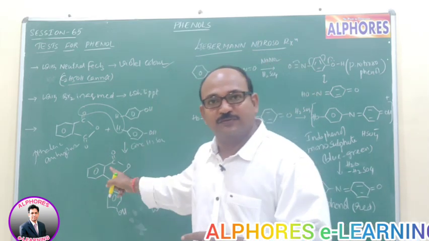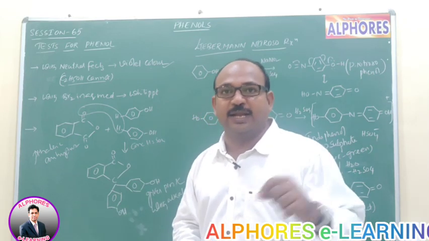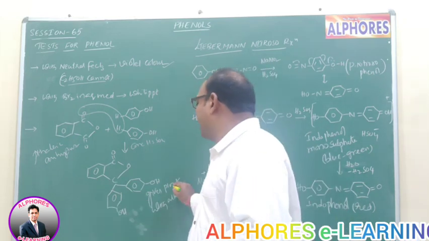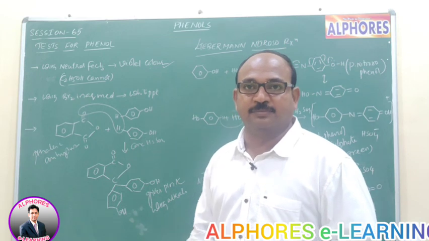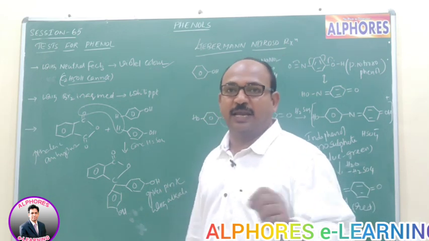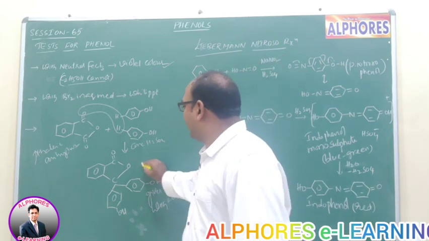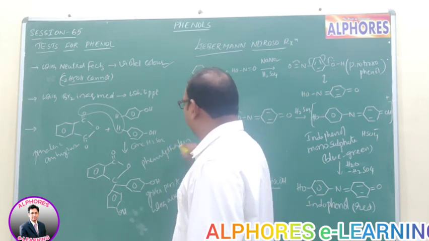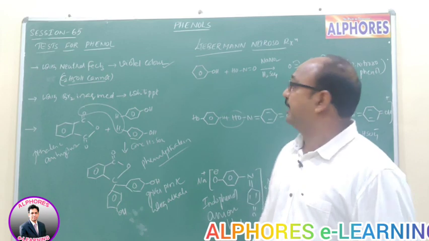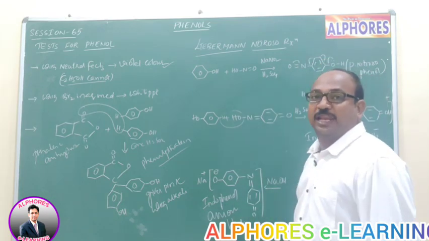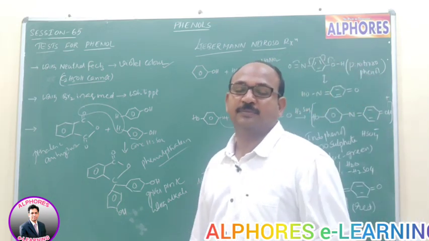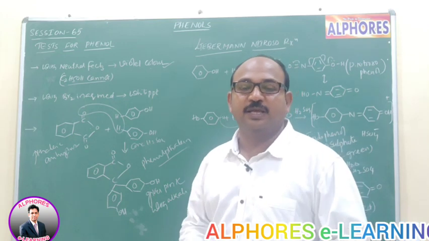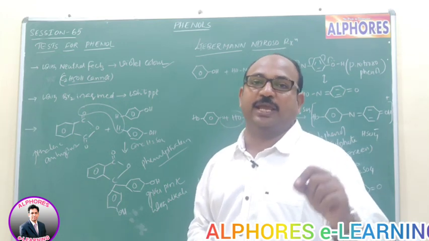Phenolphthalein is familiar to us; it is an indicator which gives pink color in alkali medium. This is the phthalein test. And a very important test for phenols is the Liebermann nitroso reaction.